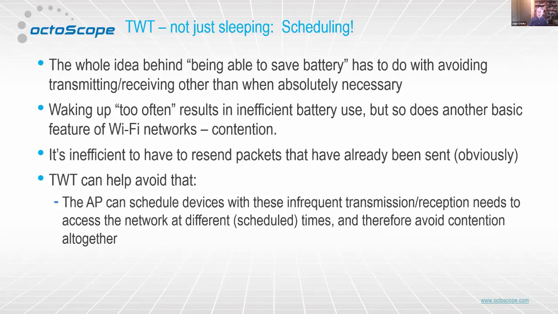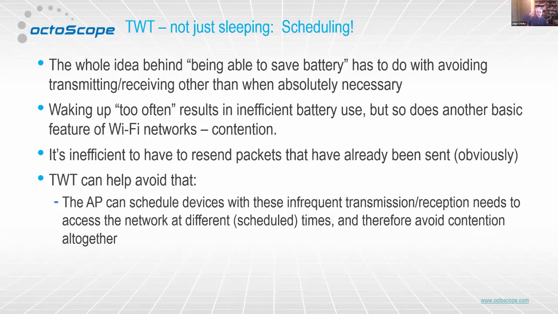So you want to avoid waking up too often, which we've been talking about, but you also actually want to avoid having your packets collide with other packets as much as you can, because when they collide, they have to be resent. Now, Wi-Fi knows how to do that. It's not like it's a problem, but from a battery point of view, it means that a packet that could have been sent once has now been sent twice. And so that is obviously less efficient, and as much as possible, you'd like to avoid it.